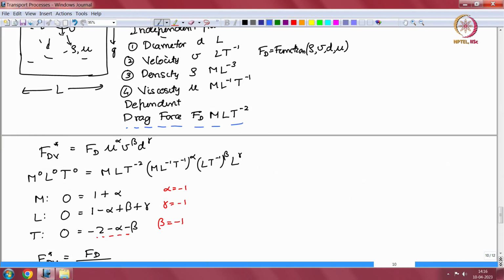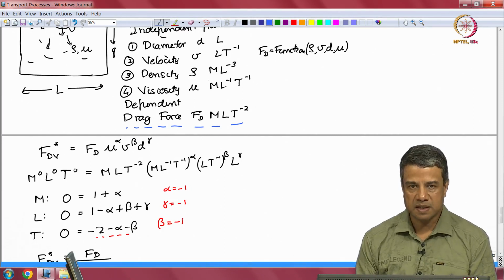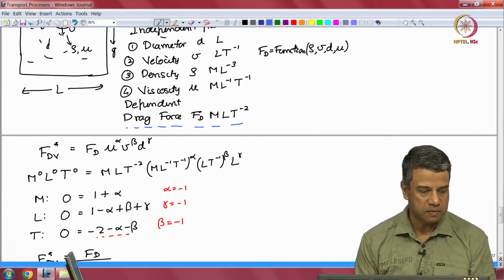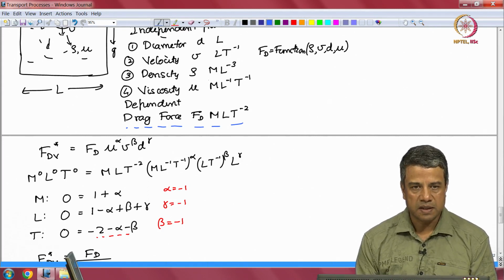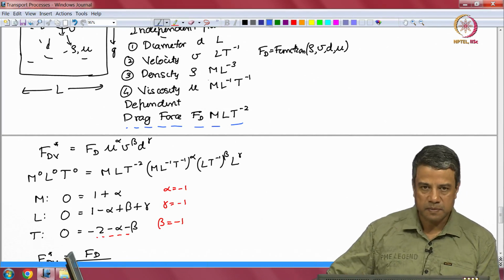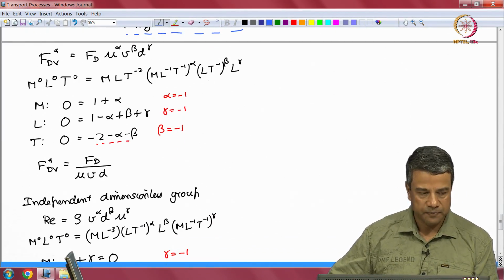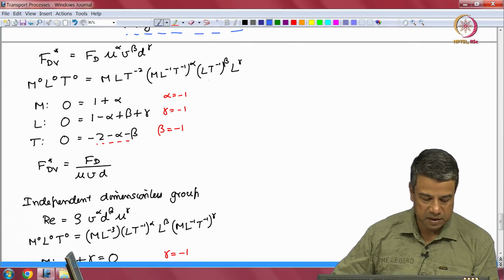So, we had calculated the drag force by scaling it with the viscosity. I told you that you can scale it either with the viscosity or the density, because there has to be the mass dimension in this dimensionless group. So, we had scaled this by the viscosity, and based upon that we had got a dimensionless group, which is the force divided by mu v times d.